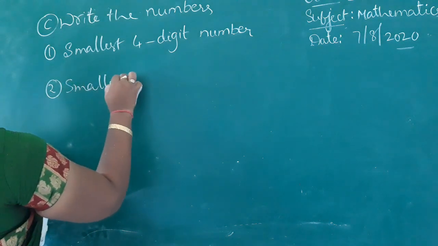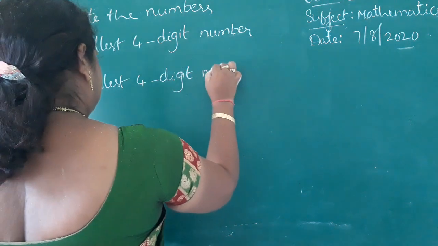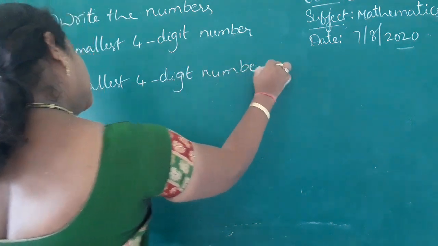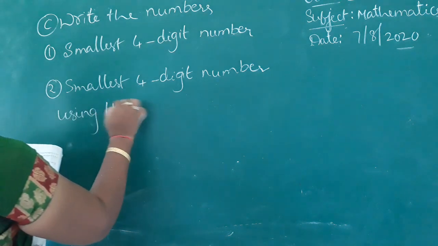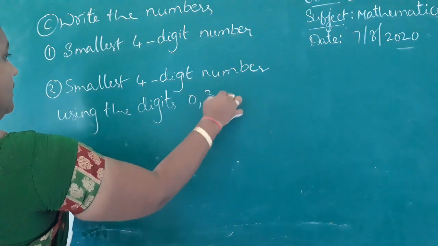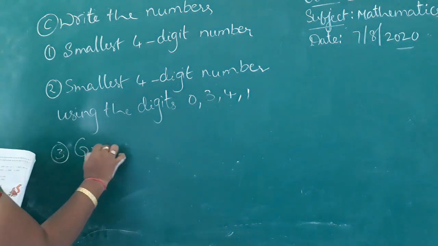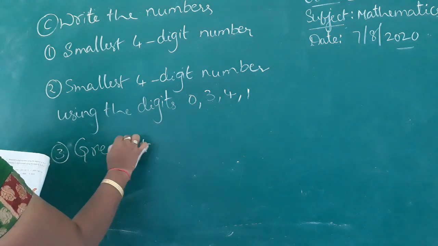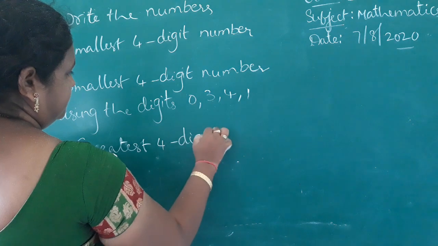Smallest 4-digit number using the digits 0, 3, 4, 1. Third one. Greatest 4-digit number.